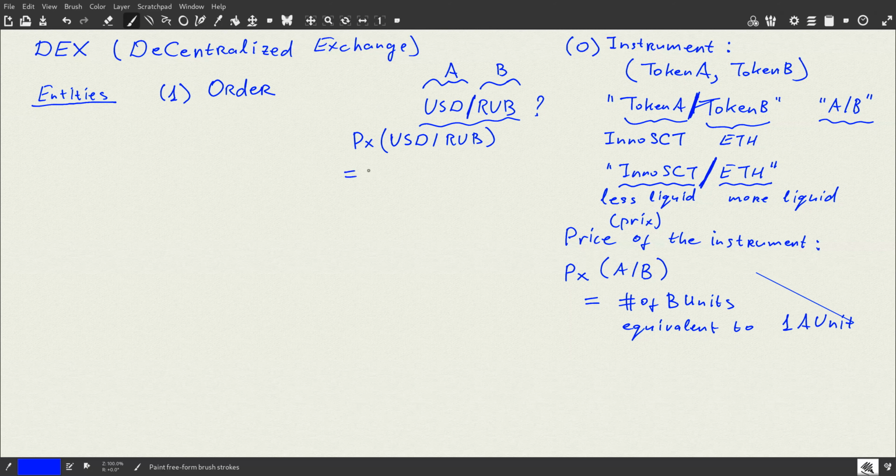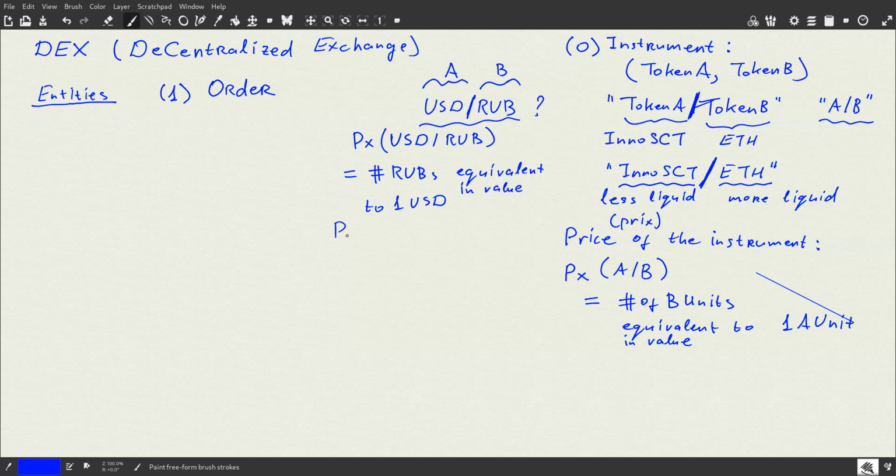Then price of USD ruble is the number of rubles equivalent in value to 1 USD.